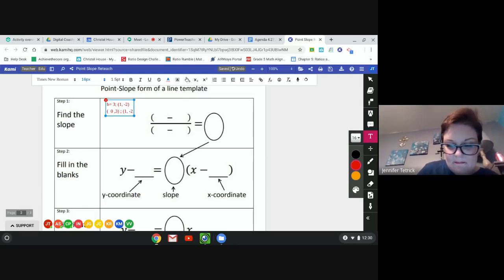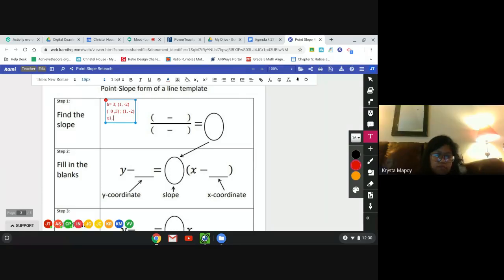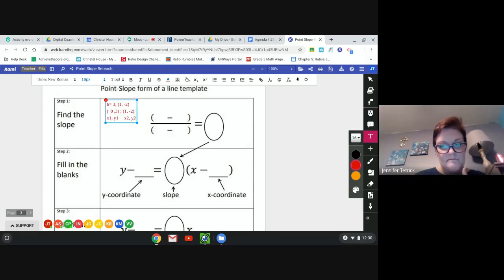What are we missing? What don't I have? I have the y-intercept, and I have a given coordinate. What am I missing? So let's go back to our goal.